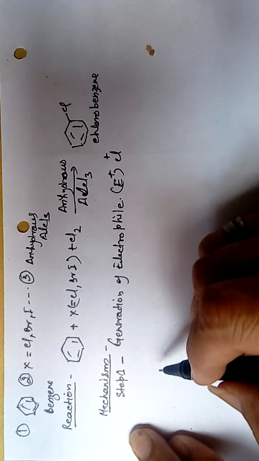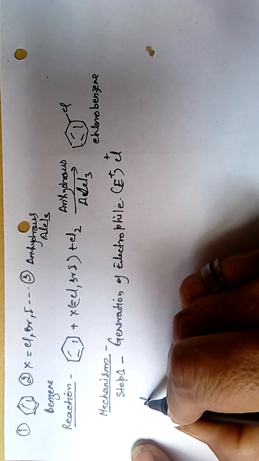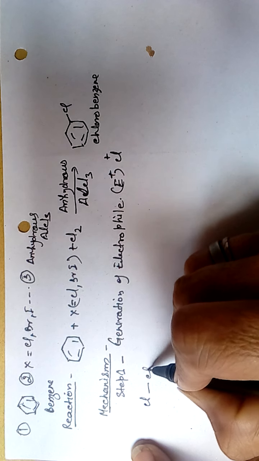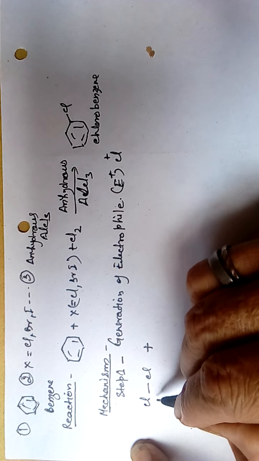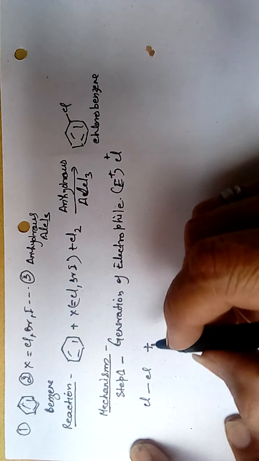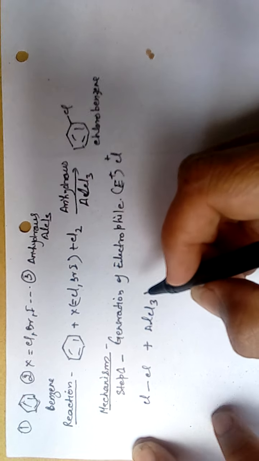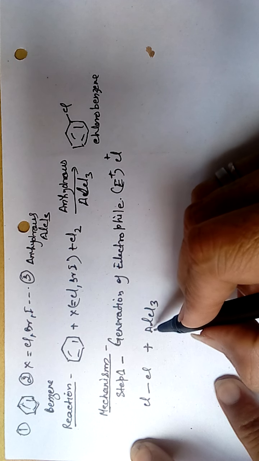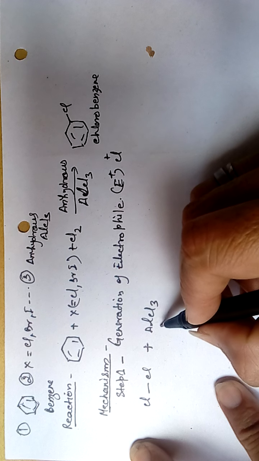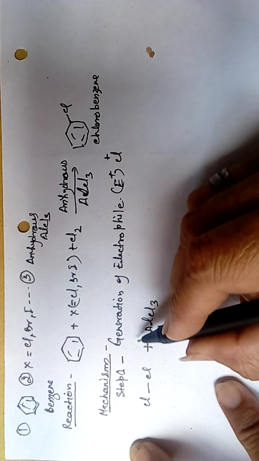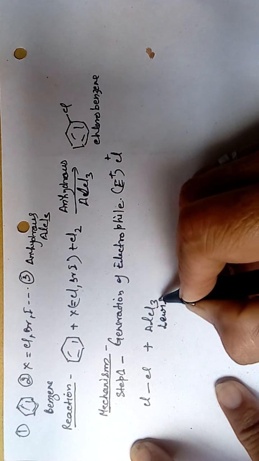And how it generates: we take a chlorine molecule and it reacts with AlCl3. We all know that aluminum is electron deficient. It has 6 electrons in its outermost shell. It can accept electrons, so it is known as a Lewis acid.